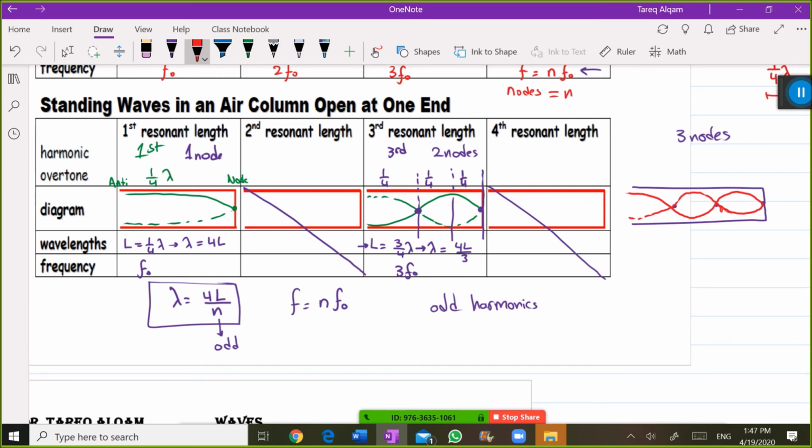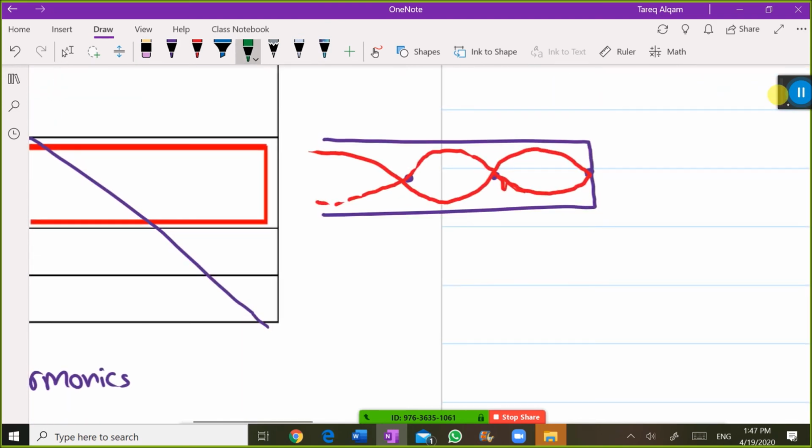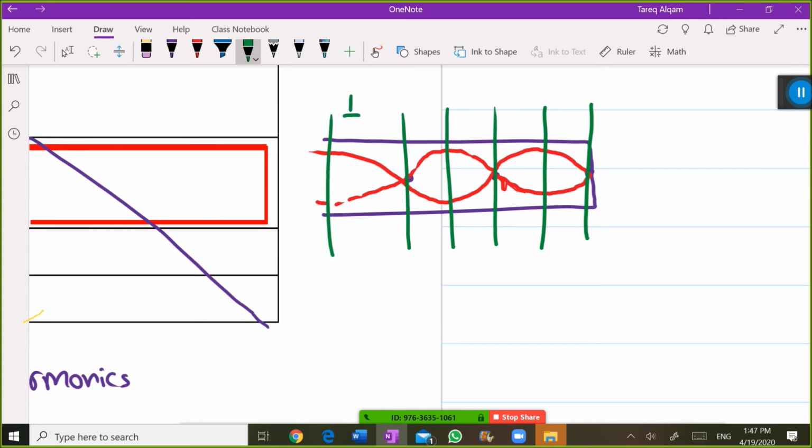If I again consider the same analogy here: node, antinode, antinode, node, node, antinode, node, node. How many quarters here? 1, 2, 3, 4, 5. So basically, guys, here L equals 5 over 4 lambda.